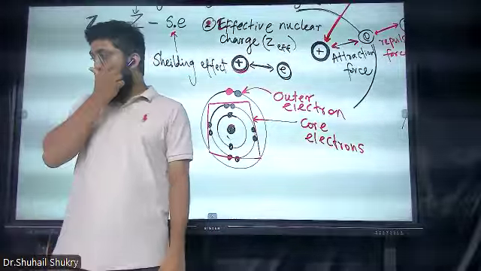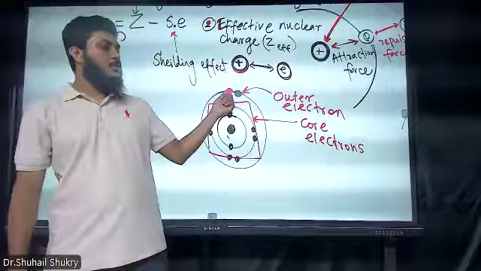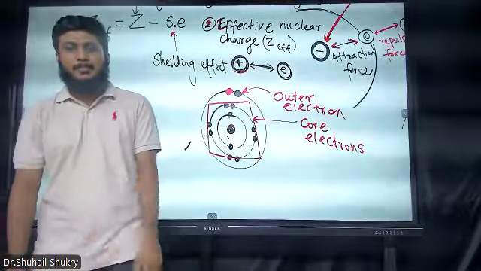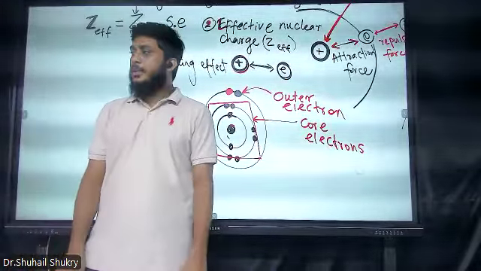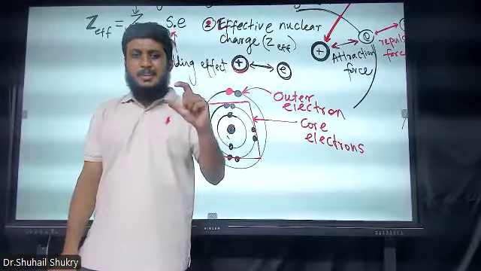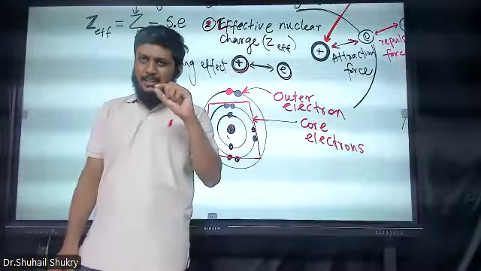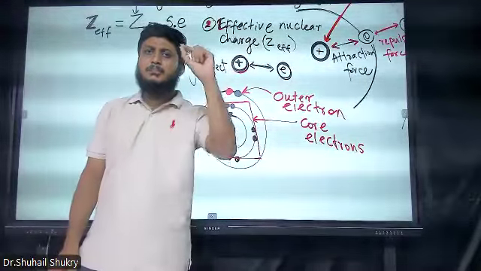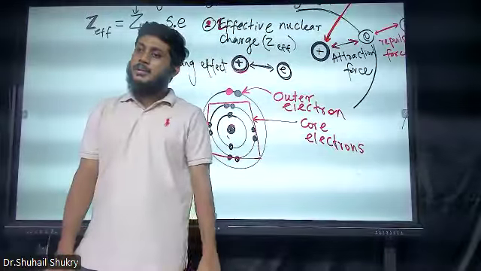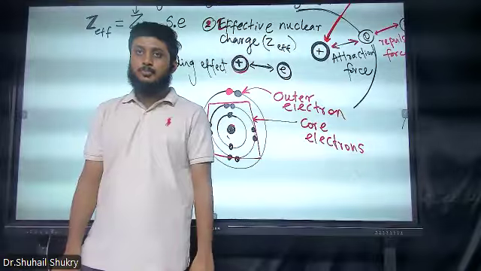But if the statement says that because of adding electrons in the same orbital, the shielding will increase slightly, minimally, that also you have to take as true.